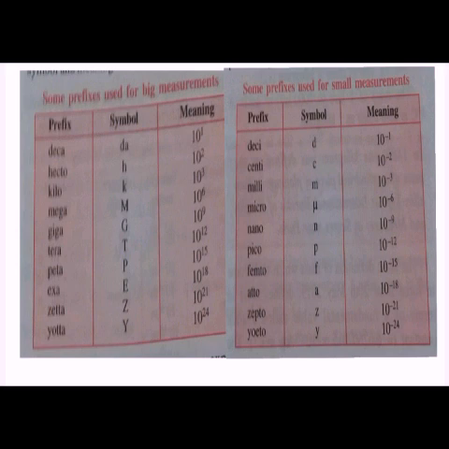Mega, 10 to the power of 6, represented by capital M, that means 1 followed by 6 zeros. Giga, G, 10 to the power of 9, 1 followed by 9 zeros. Tera, 10 to the power of 12. Peta, 10 to the power of 15, exa, 10 to the power of 18, zetta, 10 to the power of 21, yotta, 10 to the power of 24.